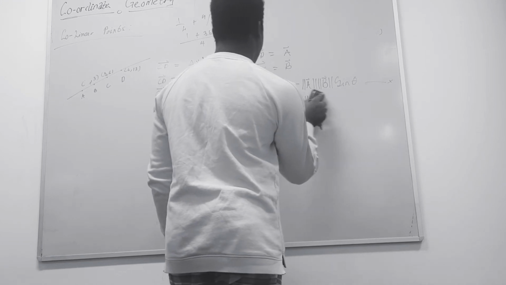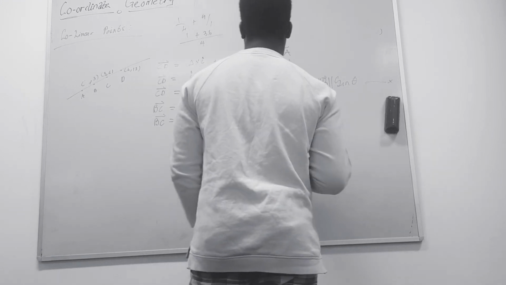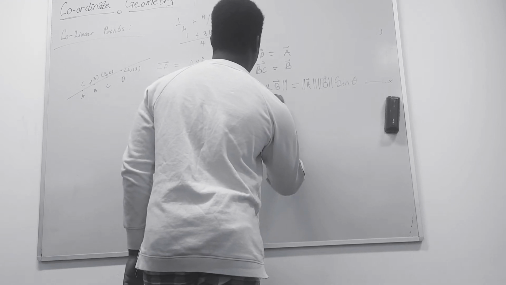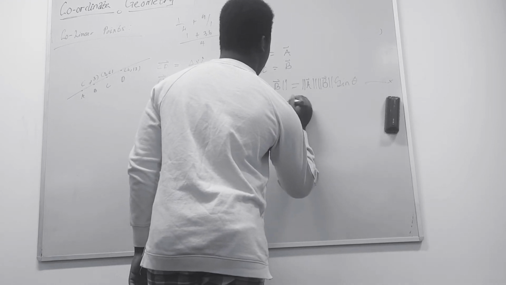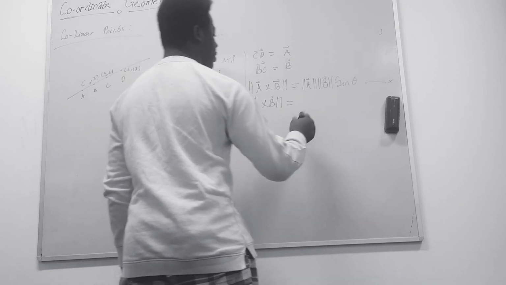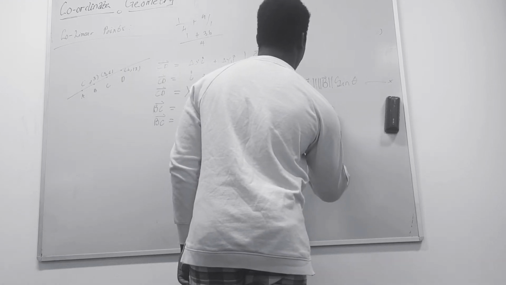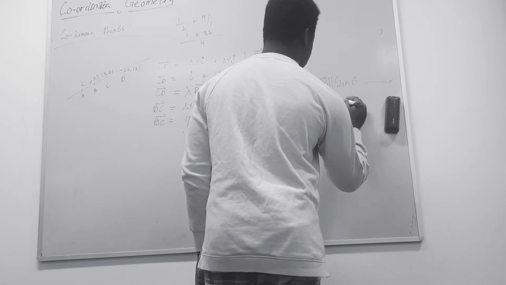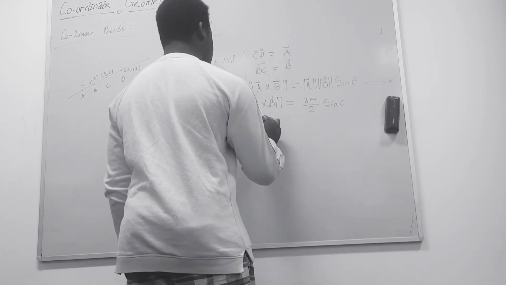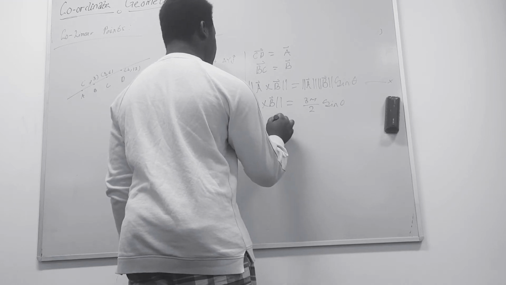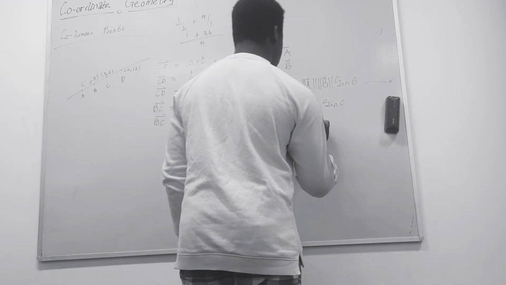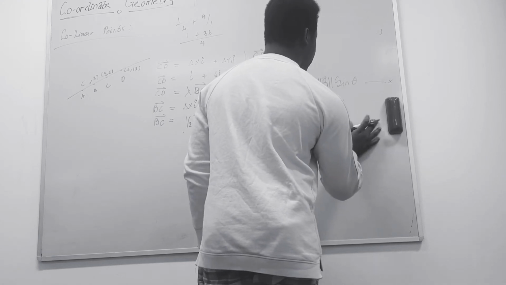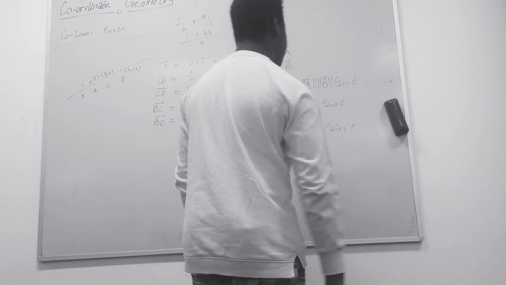So now we can do some definitions. The magnitude of A cross B is equal to 37 divided by 2 times sine 0, or 37 divided by 2 times sine 180, sine pi.